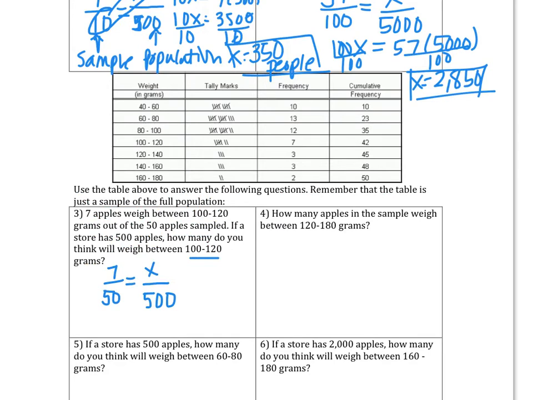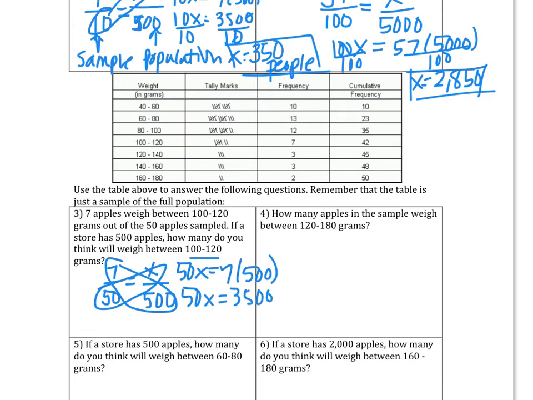So again, we're going to cross multiply. 50x equals 3,500. Divide both sides by 50, and you get x equals 70 apples. So 70 apples out of the 500 will weigh 100 to 120.